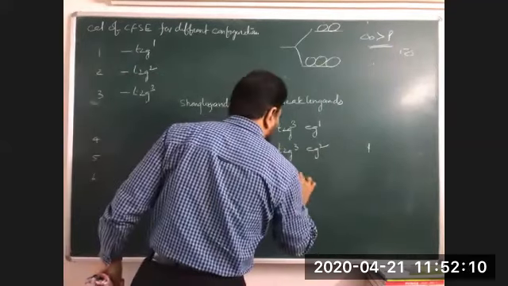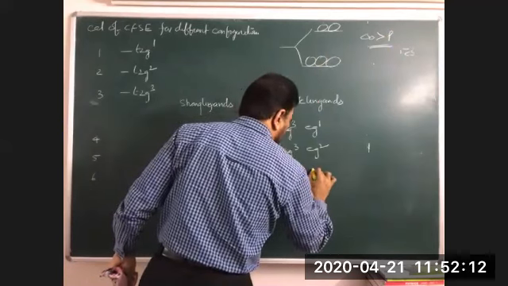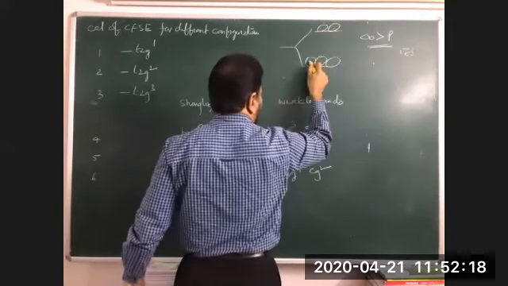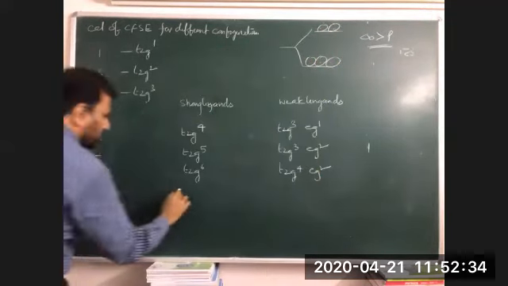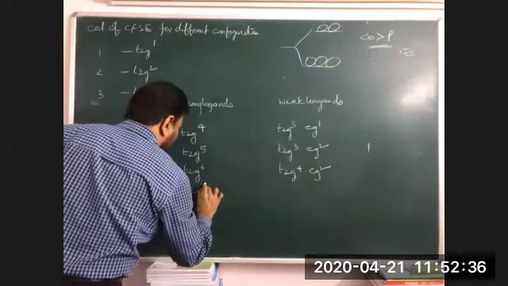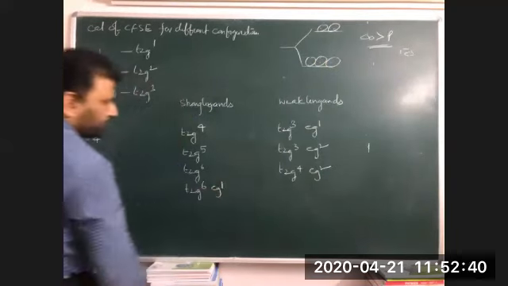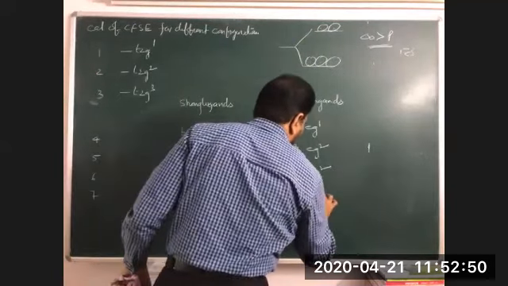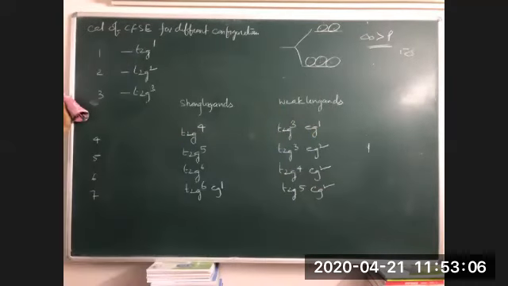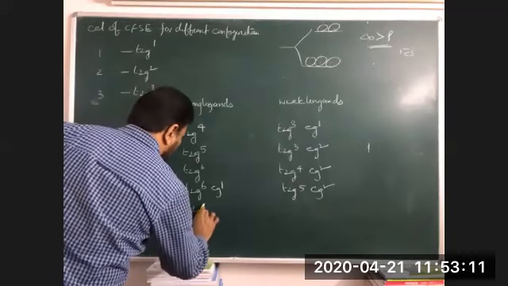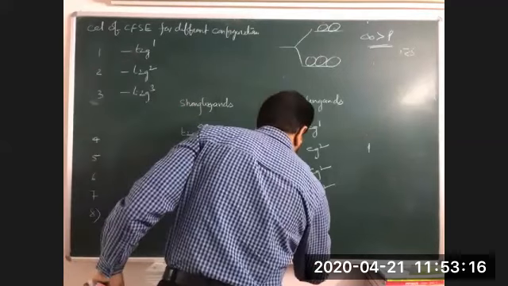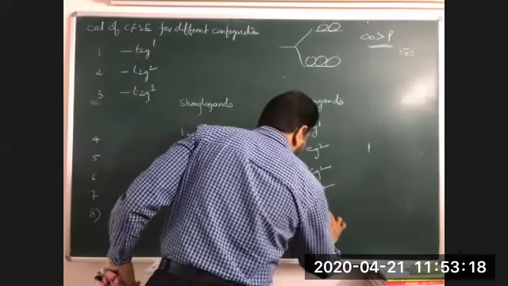For the 6th electron: T2G6 for strong ligand, T2G4 EG2 for weak ligand. For the 7th electron: T2G6 EG1 for strong, T2G5 EG2 for weak. Next, the 8th electron: T2G6 EG2.